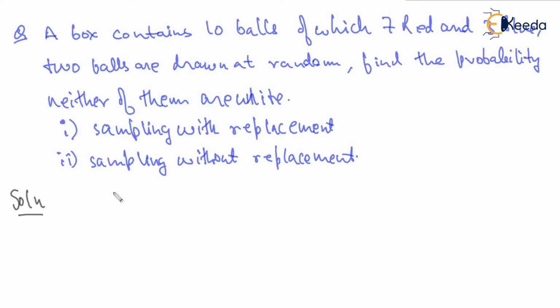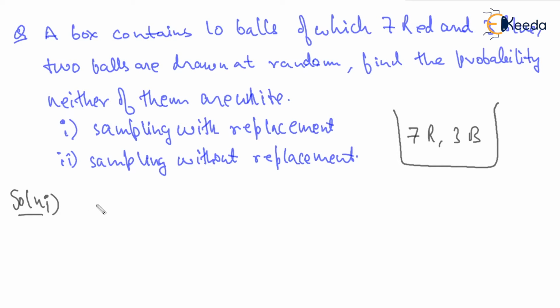So we have a set or container of 10 balls. Let's say this is a container of 10 balls of which 7 are red and 3 are blue. So number 1, with replacement. 2 balls are drawn at random.